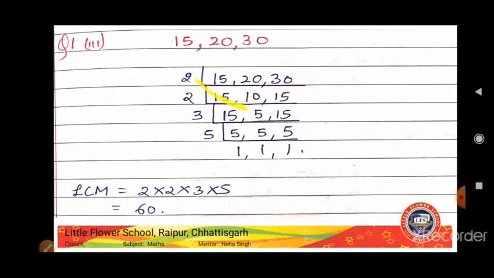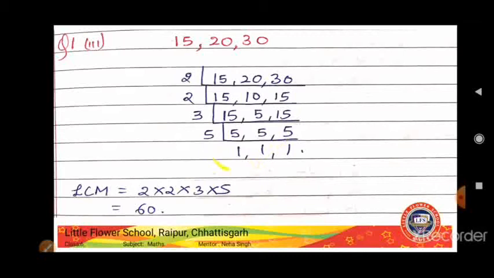So 2 10s are 20, 2 15s are 30; 2 1s are 2 and 1 carried, 2 5s are 10. Now again this 10 can be divided by 2, so 2 5s are 10, 15 copied as it is, here 15 copied as it is, right? Now 15, 5 and 15 can be divided by 3. 3 5s are 15, 5 copied since 5 is not divisible by 3, 3 5s are 15, right?